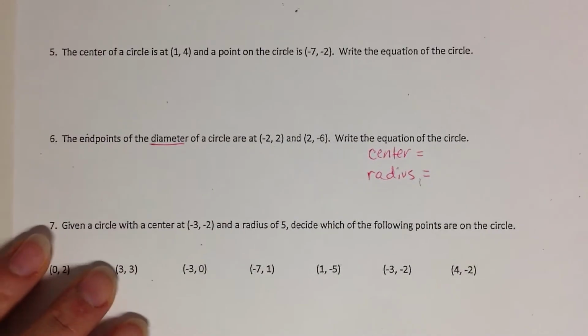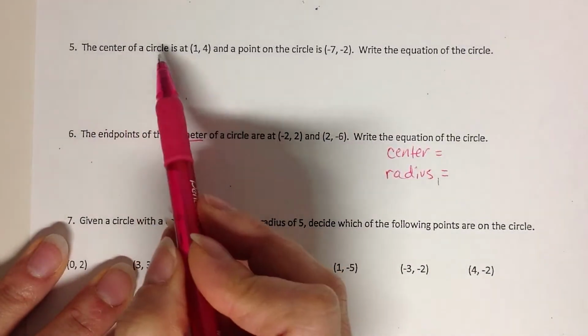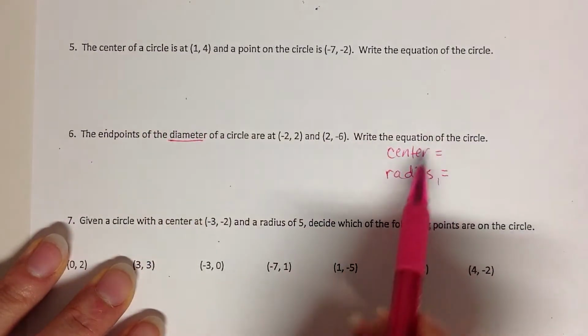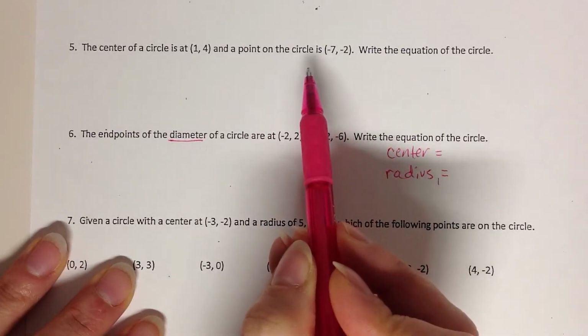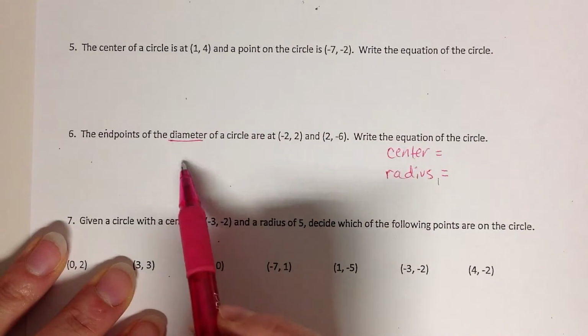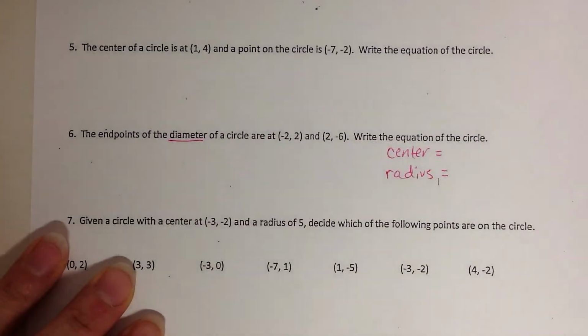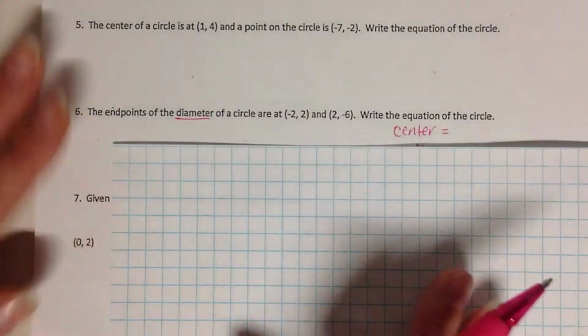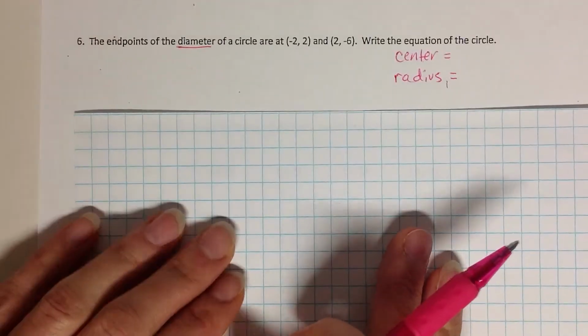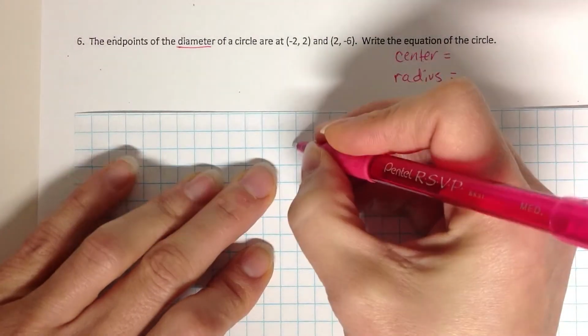Okay, an in-between problem might be like this one. The center of a circle is here, so I have half of it, I'm already there, but it didn't give me a radius. This one is actually, if you understand this one, you'll be able to go back and try that one. Okay, so I'm going to need, as always, when I see coordinates and no picture, some graph paper. So the first thing I'm going to do is see what it is I'm looking at right now.